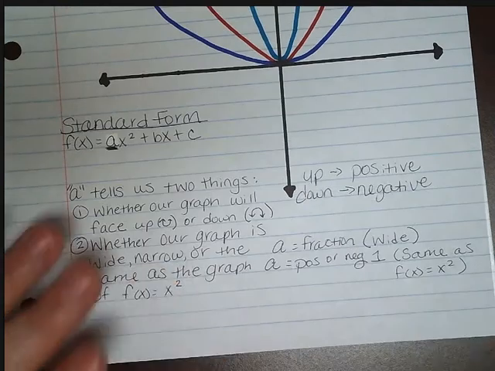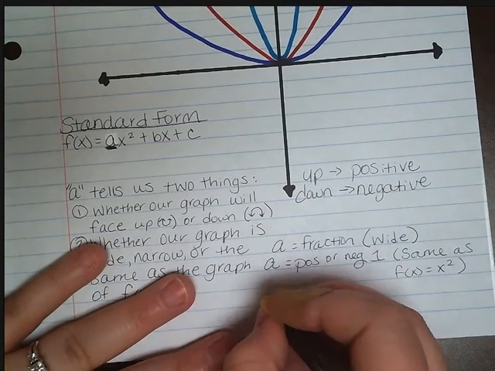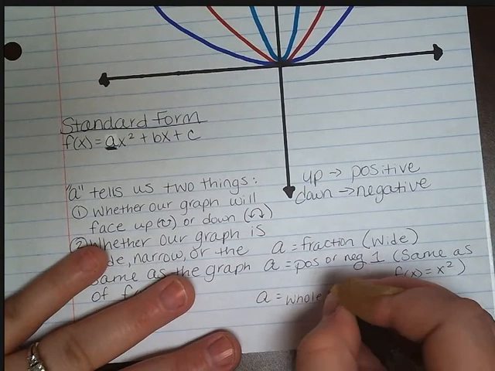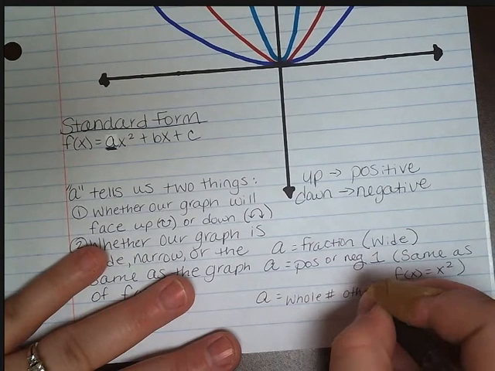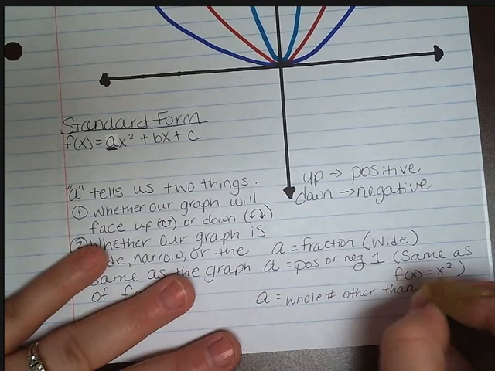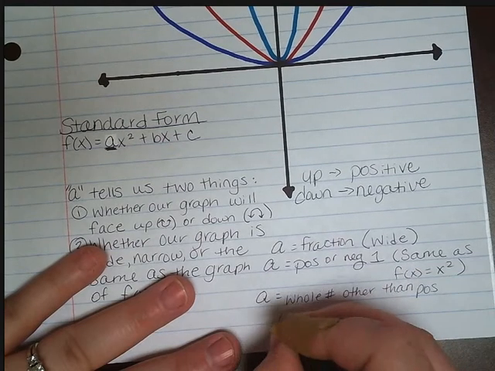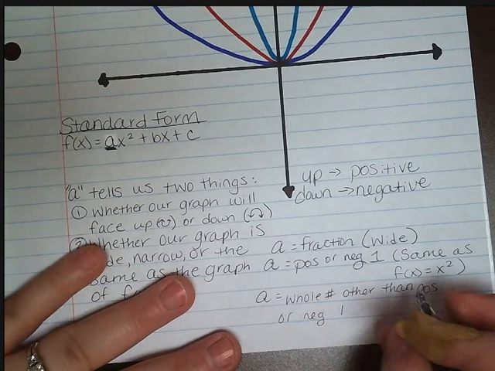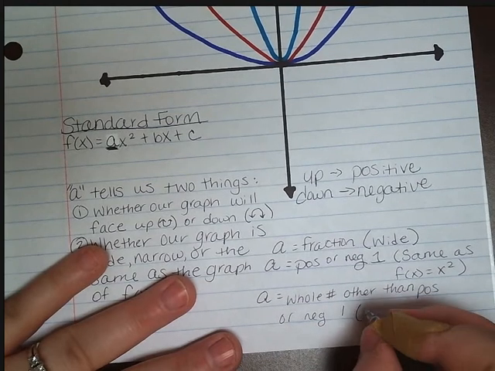Then, if A is a whole number other than positive or negative 1, then it's going to be narrow.